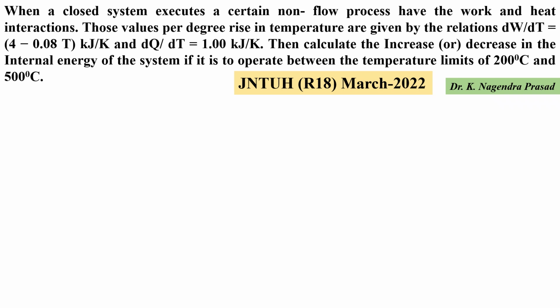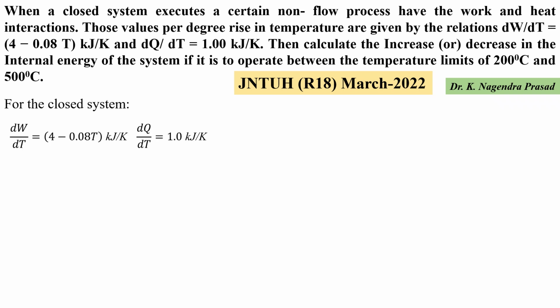Let's see the solution. First, we have to observe the given data. Here the given system is a closed system, and we are given the relations dW by dT equal to 4 minus 0.08 T kilojoule per Kelvin, and dQ by dT equal to 1.0 kilojoule per Kelvin.